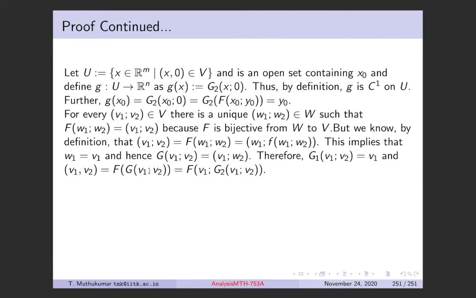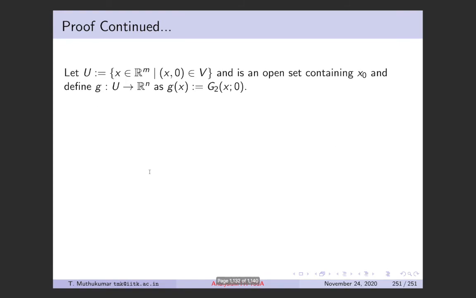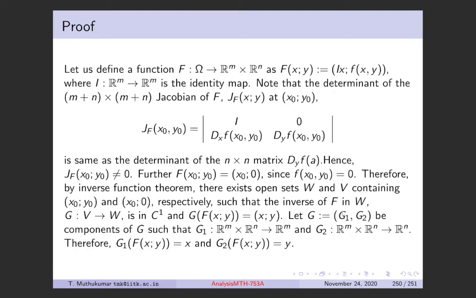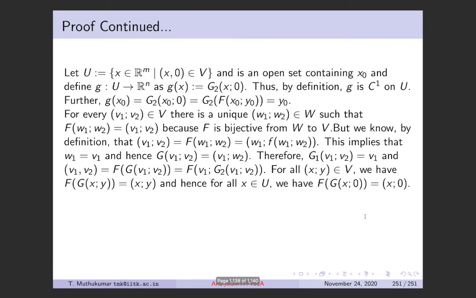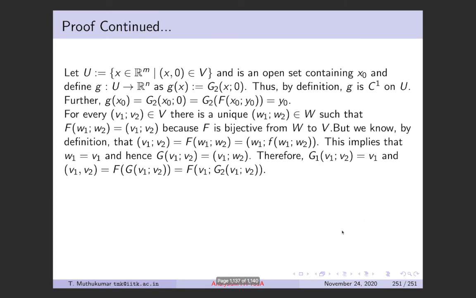G of (V1, V2), as I showed here, has two components, G1 and G2. G1 becomes V1, so (V1, V2) is actually F of (V1, G2(V1, V2)).